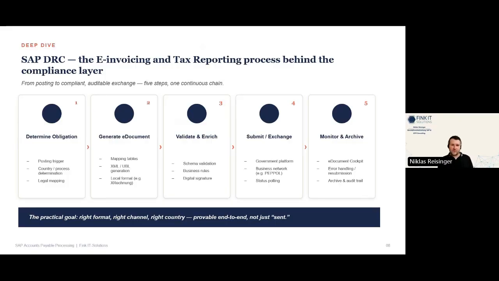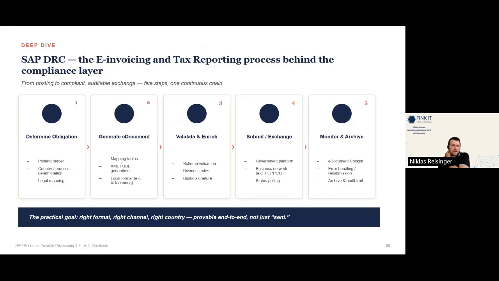So you have your posting trigger, then a country or process specific logic is started, and starting with the mapping, whether it's an outgoing invoice or an ingoing invoice, to translate it in the SAP document your system already knows.